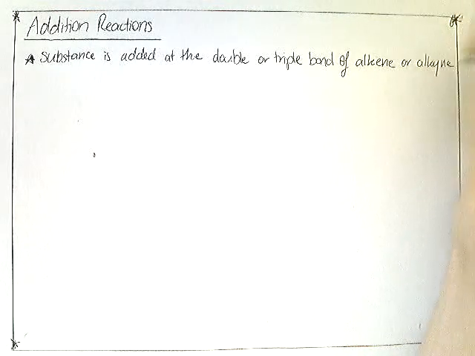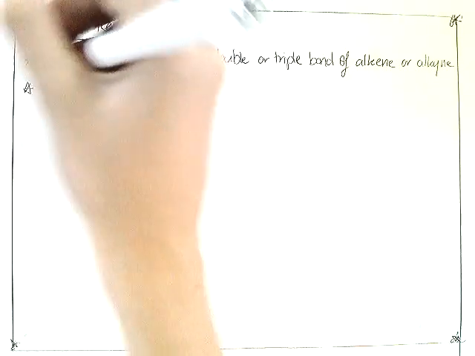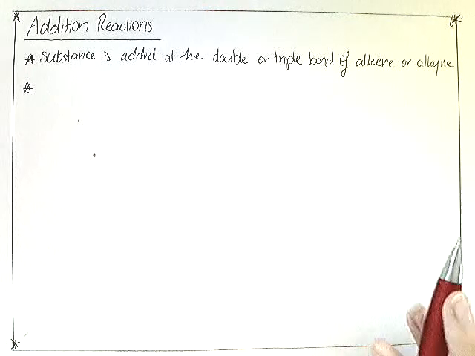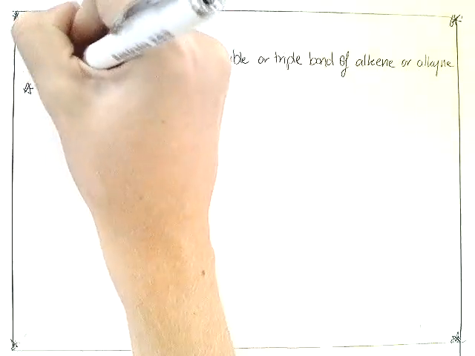So the reactant is a double or triple bond, meaning if you look at a reaction where you're given the reactant and the product, you can identify it's an addition reaction because the reactant has a double or a triple bond. So if it's a worded question, it would be an ene or an yne. And then your product, so what you have in the end, is simply just one thing, and it will be an alkane. So I'll just write that.